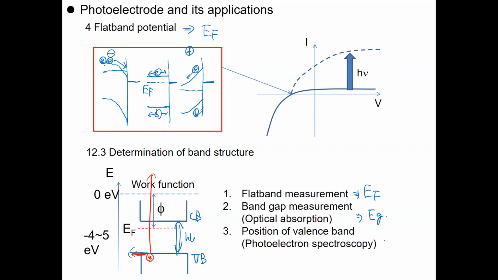So by using this, you can decide the absolute value of this position, E valence band, and you know the Fermi level, and you know the conduction band, which are the necessary information to understand the band structure of the solid materials.